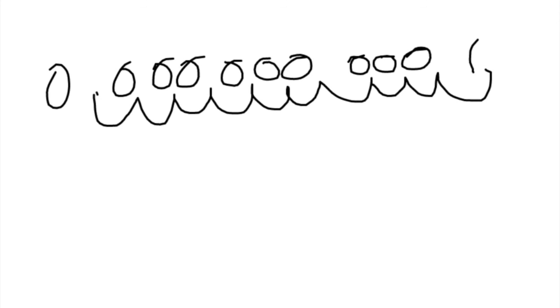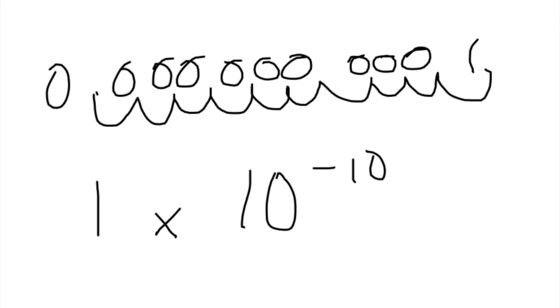We move 10 digits, then we simply drop the leading zeros and express this in the form 1 times 10 to the negative 10. Note how the y value is negative. Just remember that numbers smaller than 1 in scientific notation have a negative exponent, and numbers larger than 1 in scientific notation have positive exponents.